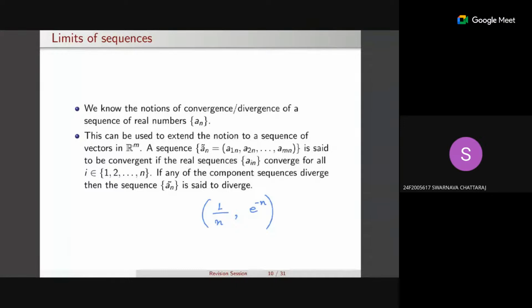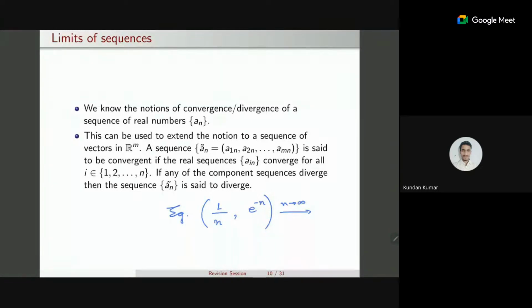Take, for example, 1 by n, e to the minus n. Does this converge? Yes. What does it converge to? 0, 0. Right.